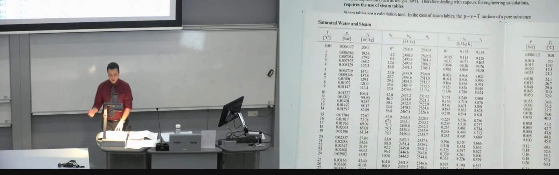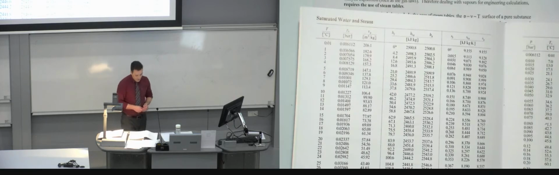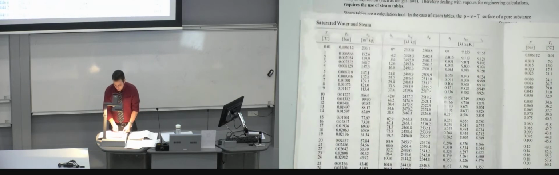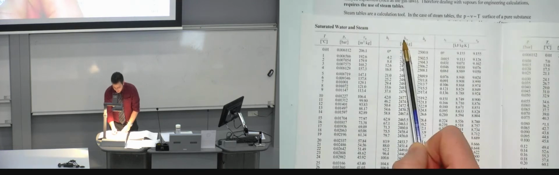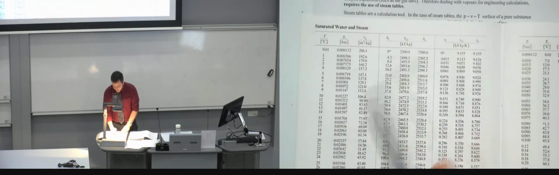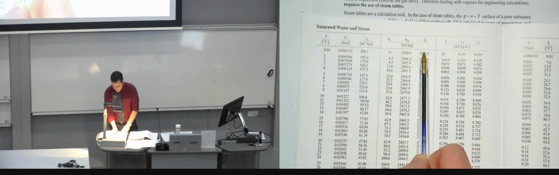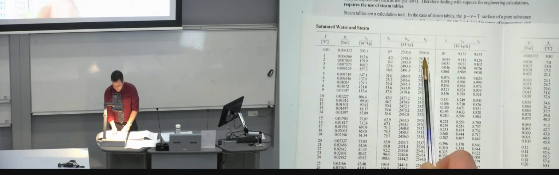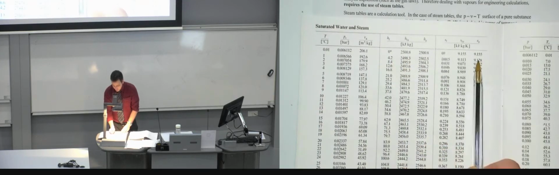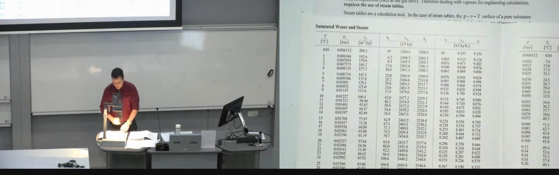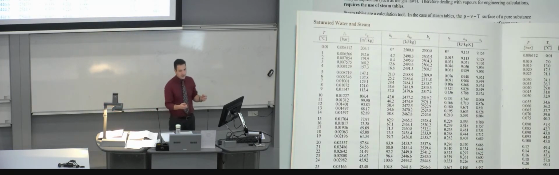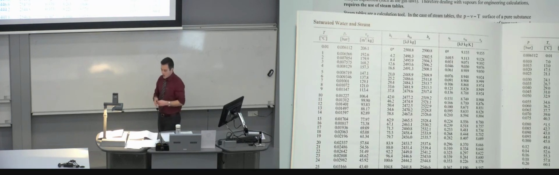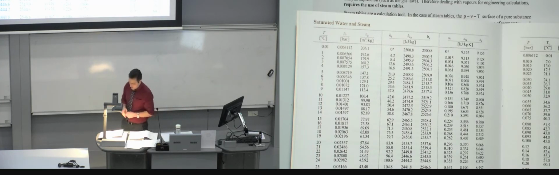We're not going to cover entropy until the last chapter, but again, you see how important that is, therefore it appears in there. And HFG and SFG is nothing but the difference between this value minus this value. So this minus this would give you this, this minus this would give you this, and that's just a difference because you're going to be using the difference between the F and G a lot, and therefore the table would give you the difference between the two values as well.